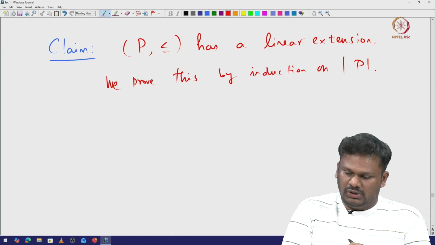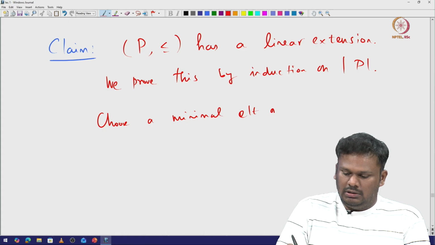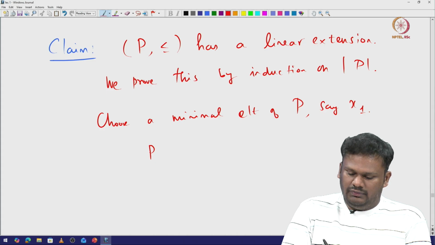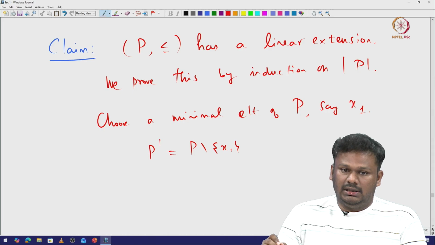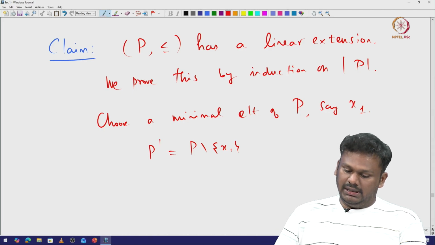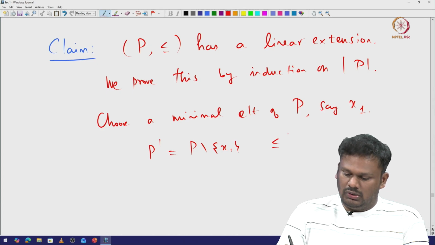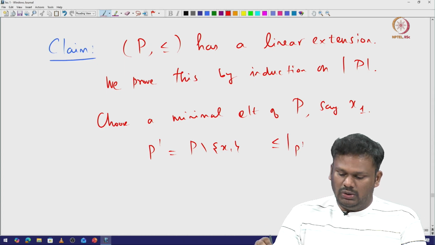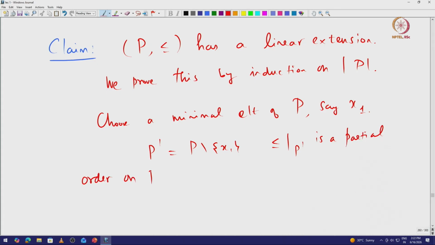Now how do you proceed? You choose a minimal element of this capital P, say x1. Then we remove that element x1 from P. P prime is the resulting set by removing x1 from P. Now P prime with less than or equal to restricted to P prime is a partial order on P prime.